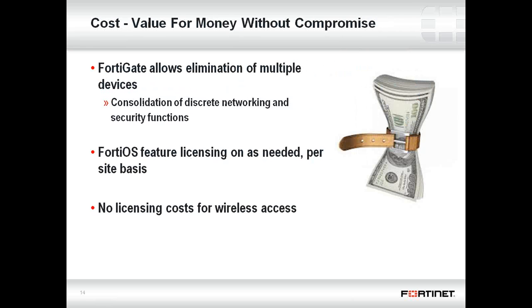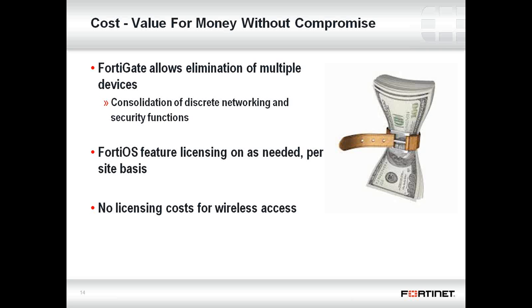Performance, functionality, that generally equals superior cost. Well, you look at it, if a FortiGate can combine your connectivity and security requirements into a single device, you're automatically eliminating other devices. The traditional thinking has been branch office, I need a router, I need a switch, I need a firewall.